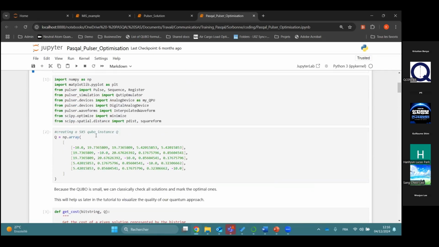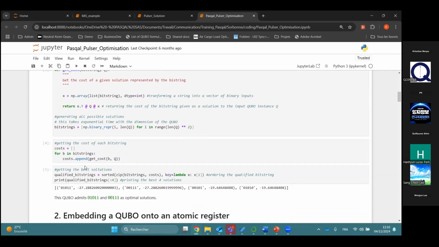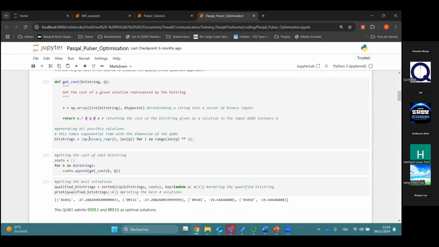Given this Kubo type formulation, I've solved it classically with a simple optimizer, a very, very easy one because it's only a 5x5 matrix. You can do it by hand. And actually what you find is that the two best solutions, so the two lowest energy solutions, are indeed the corresponding bit strings, 01011 and 00111.